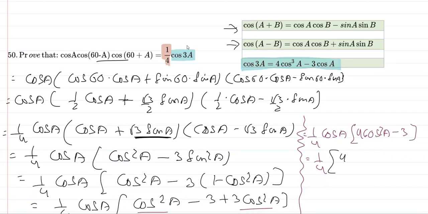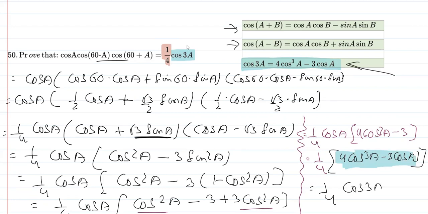Applying distributive property, we are getting 4 cos cube A minus 3 cos A. That is equal to, now finally, applying this identity in the reverse order, 1/4 copied, and this can simply be replaced with cos 3A, and that is equal to the RHS.